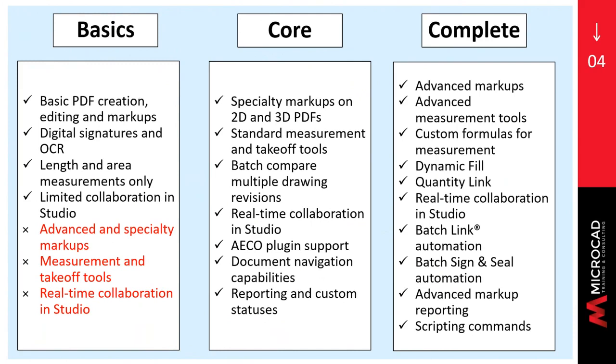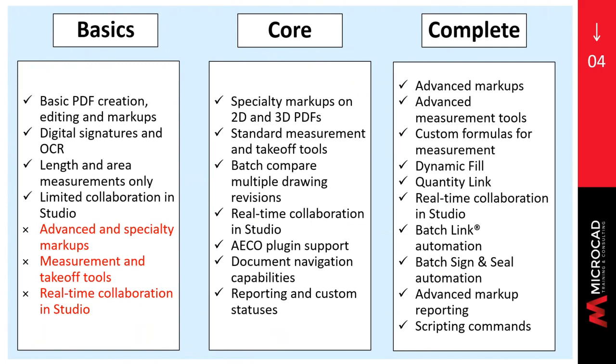So with the three versions that we have in version 21, they are separated into three main versions, right? We have the basics, we have the core, and we have the complete. Mainly, we are going to have the same set of tools across them, right?